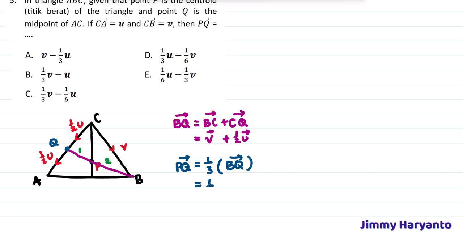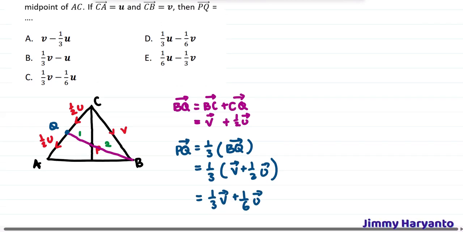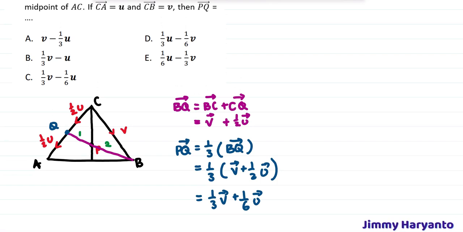Yeah, so 1/3 times V plus half U. That means 1/3 V plus 1/6 U. There you go. Oh, my bad. I made some mistakes again. This one should be negative, and also negative. So the correct answer is negative 1/3 V. That one, E.